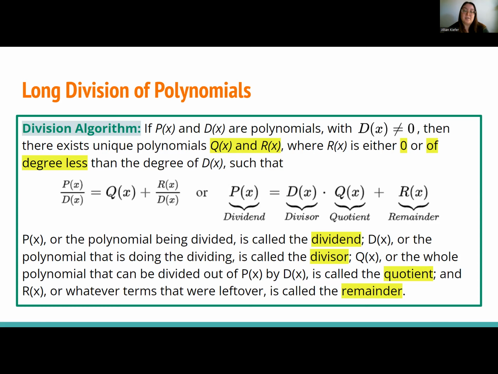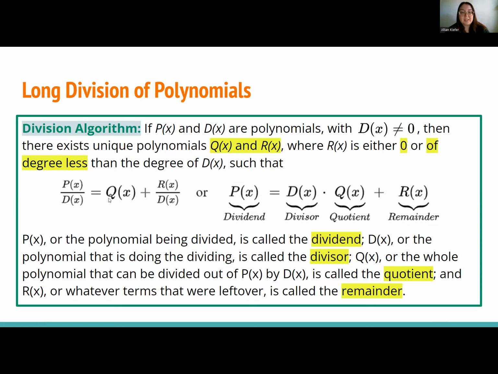Beginning our division algorithm, we say if p of x and d of x are polynomials and d of x is not equal to 0, then there exist unique polynomials q of x and r of x, where r of x has to be 0 or of some degree less than the degree of d of x, such that we can write our answer in two different forms.